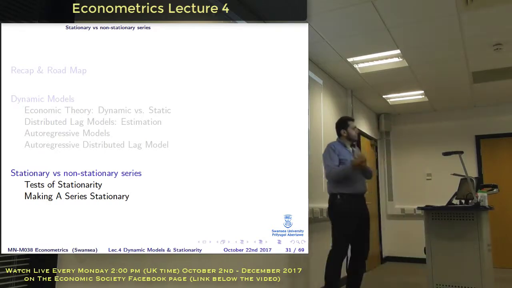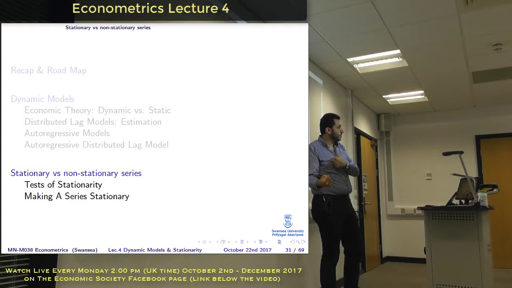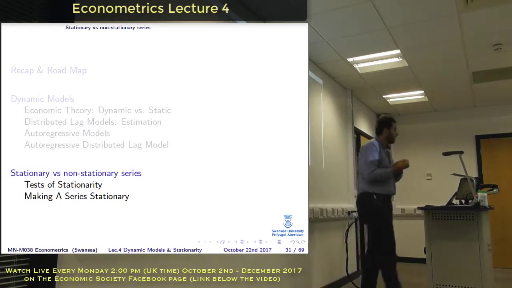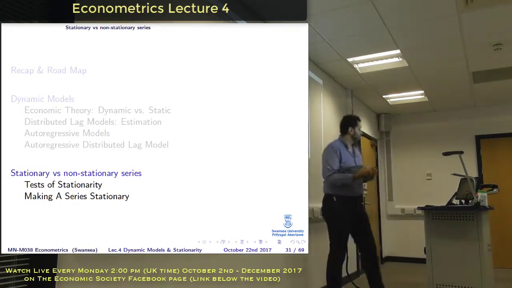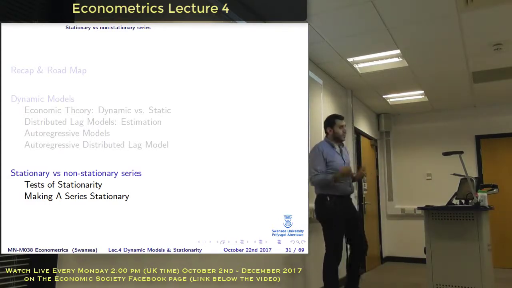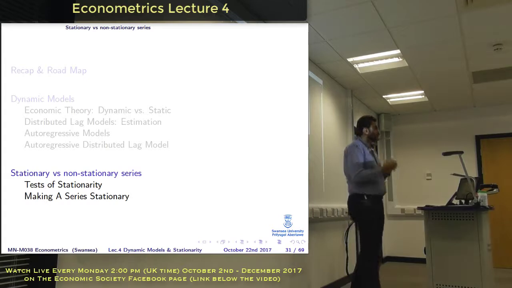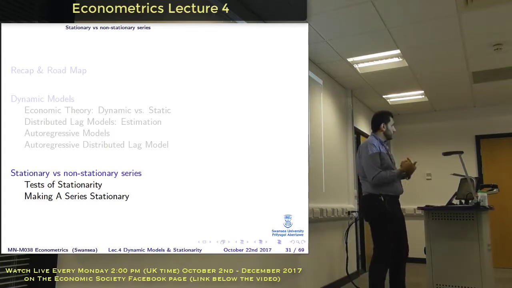So we started with the distributed lag model when we discussed the permanent income hypothesis of Milton Friedman. Then we looked at a more generalized form of this model, and we said it's very difficult to have an infinite number of parameters to estimate, and that's why we need the Koyck transformation.